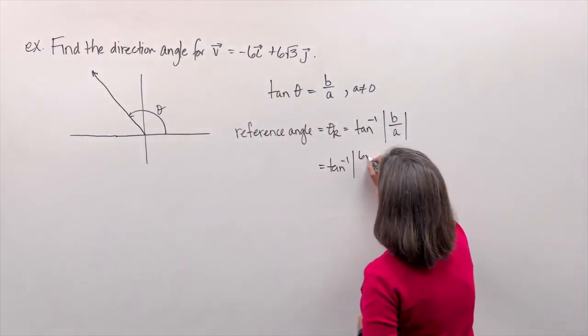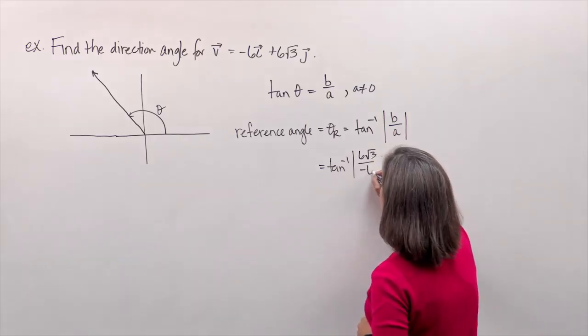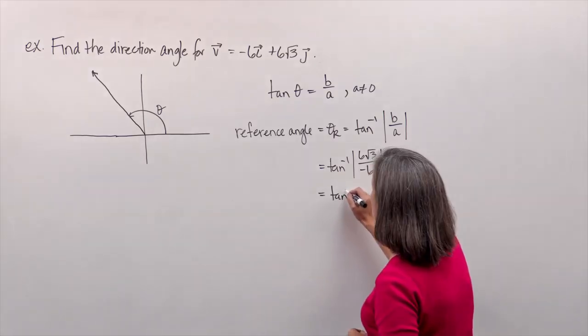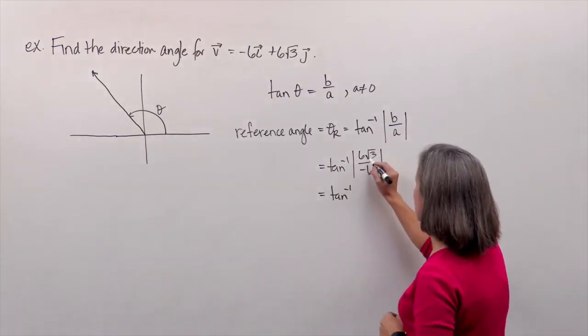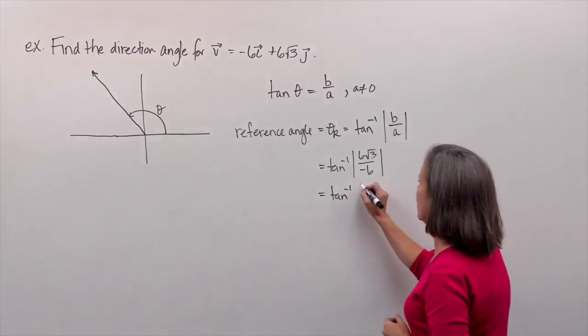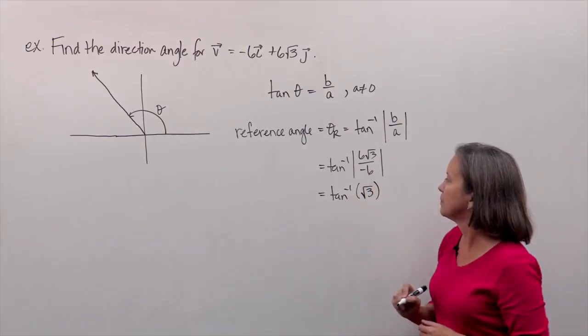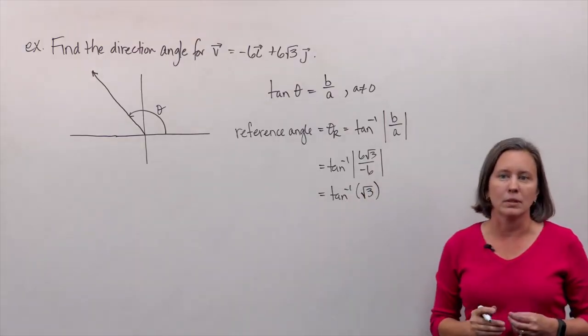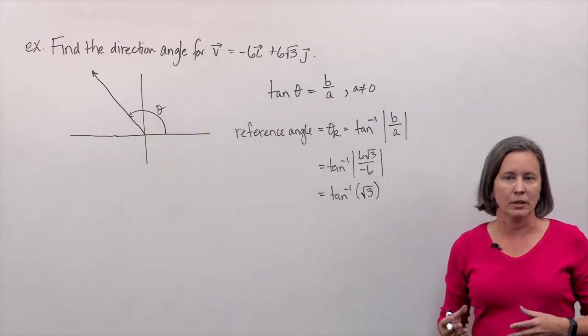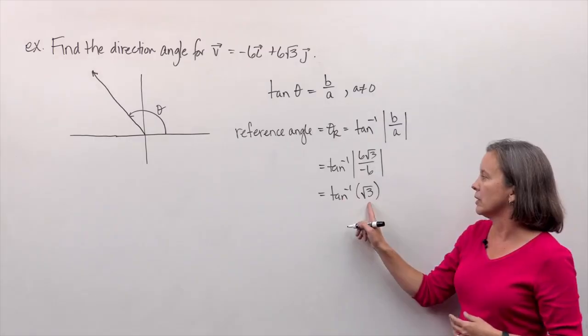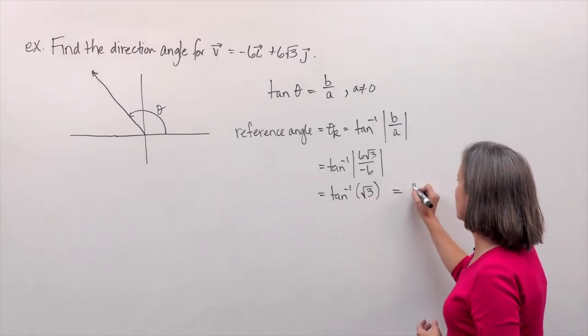b is 6 square root of 3, a is -6. Reducing this and taking the absolute value, we're looking for the inverse tangent of the square root of 3. This is a special angle. We should know the value of this. The inverse tangent of square root of 3 is the angle pi over 3.